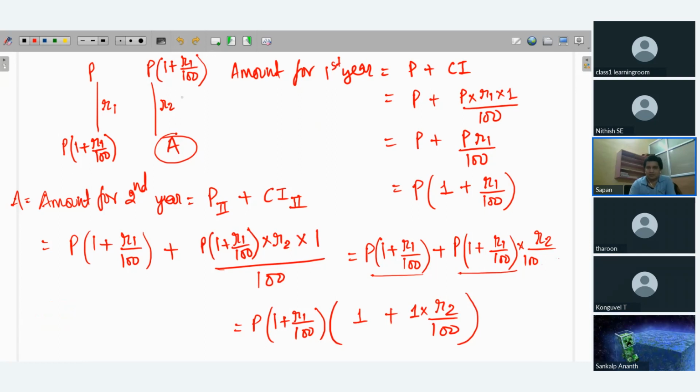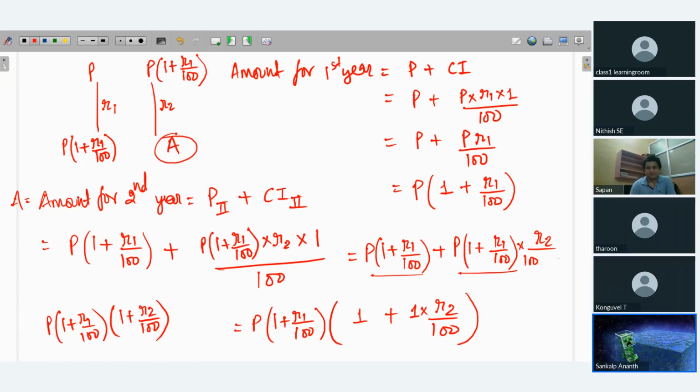So this comes as principal into 1 plus R1 by 100 into 1 plus R2 by 100, plus 1 into R2 by 100, or 1 plus 1. Do you see the pattern getting repeated?